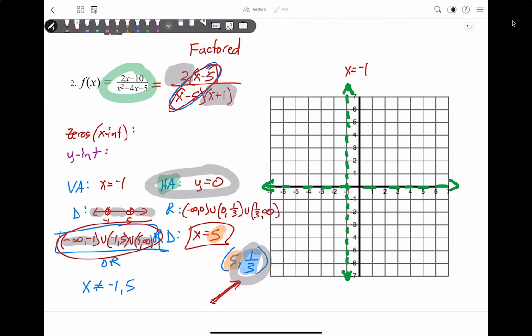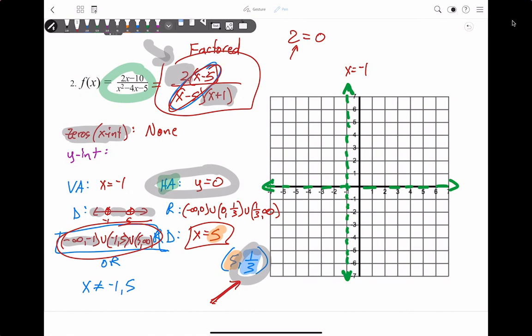And if I were to graph this out, first let me get my zeros and x-intercepts. The pieces that are left over from this form up here are going to be set equal to 0 so that I can find my x-intercepts. 2 set equal to 0, I won't have anything. I won't be able to find an x because there's not an x over here that I can get by itself.